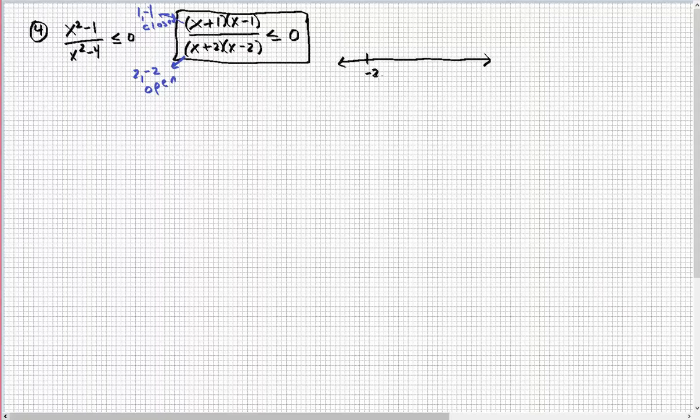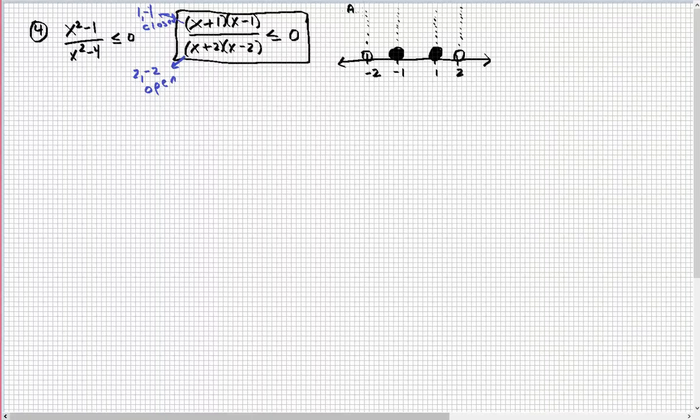So we have -2, -1, 1, and 2. And the ones that are closed are 1 and -1. I remembered this time.